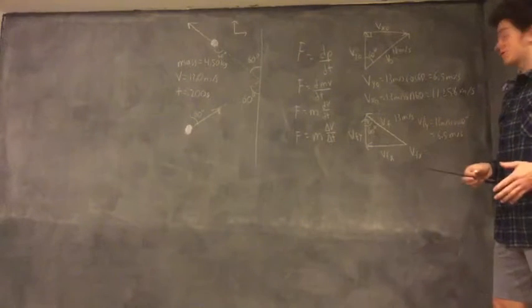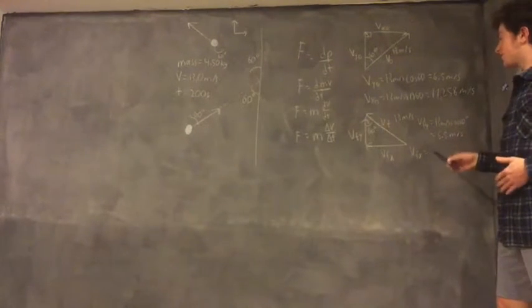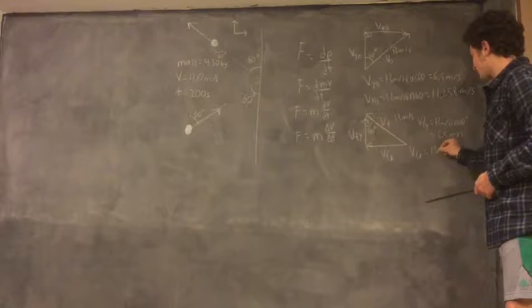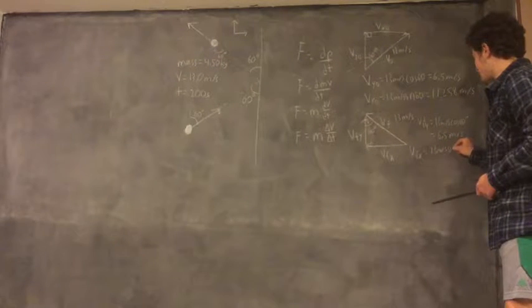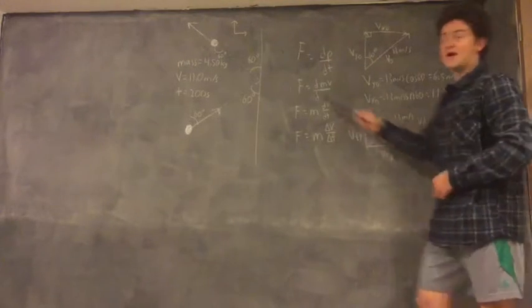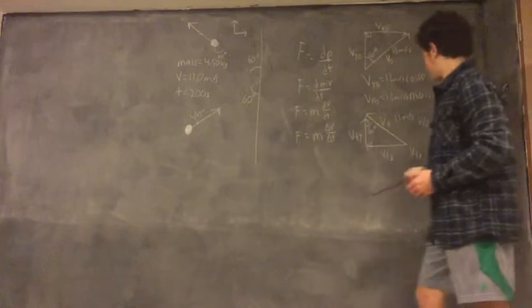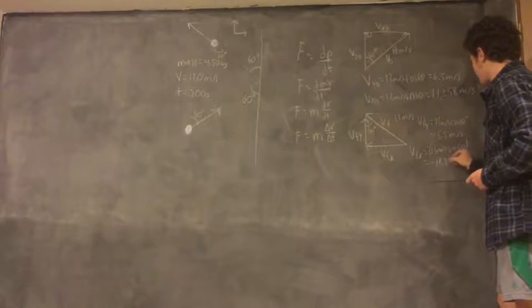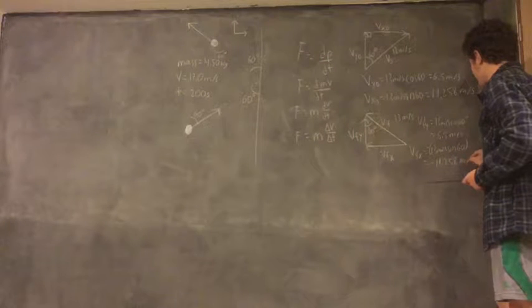Now, this is where it gets tricky. The final velocity in the x direction is 13 meters per second times the sine of 60, but it has to be negative since it is pointing in the opposite direction of our coordinate axes. So this turns out to be negative 11.250 meters per second.